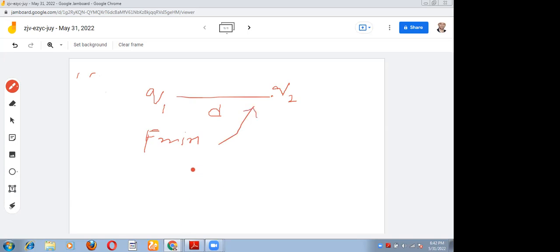Samya has given the answer F is equal to k Q1 Q2 by d. So can you tell me, Samya, how you have given this answer? By Coulomb's law. What does Coulomb's law say?